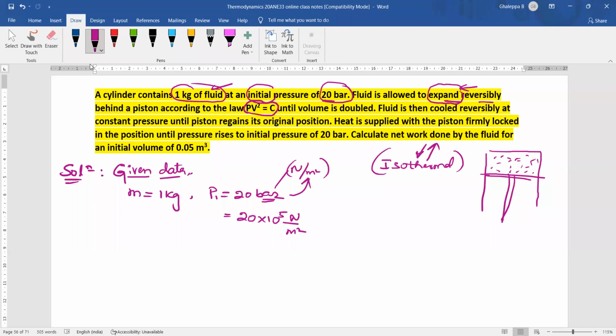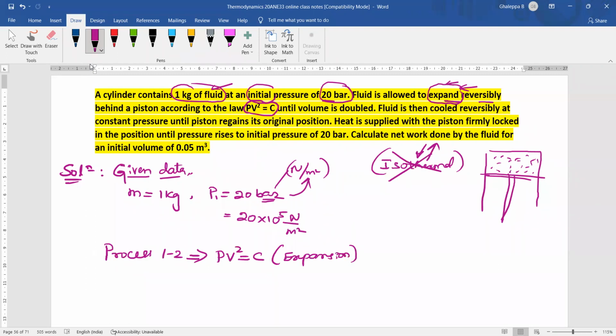If you take isobaric, may be expansion, may be compression. In the previous two numericals, it was compression process, but here it is expansion. So what I do is, first I will write the process. Process 1 to 2 is PV square is equal to constant, and it is expansion.